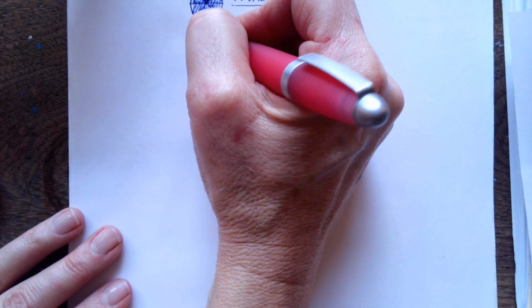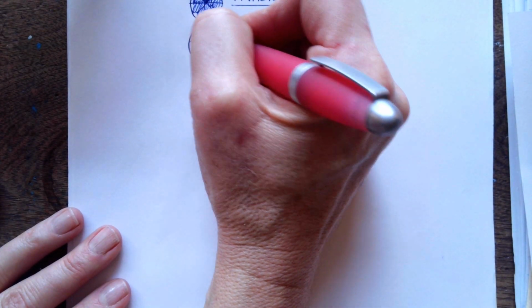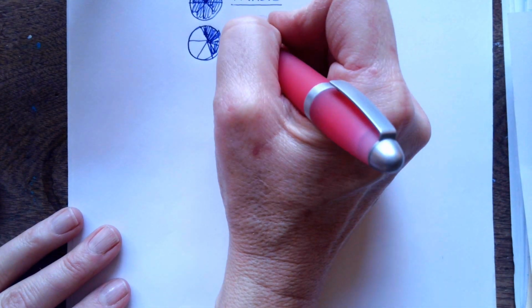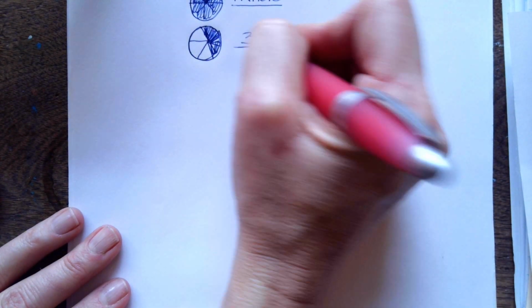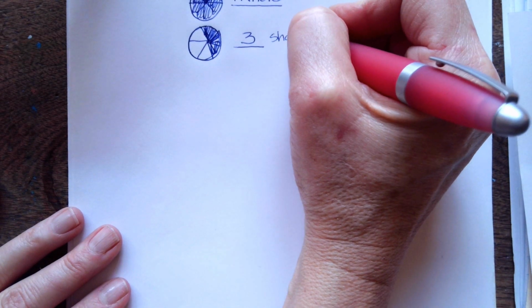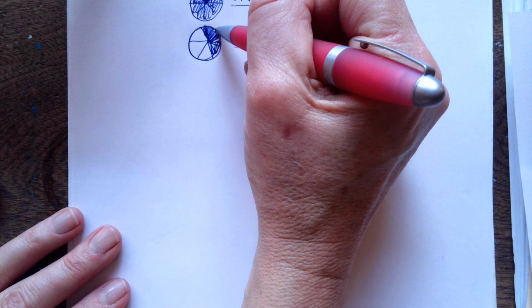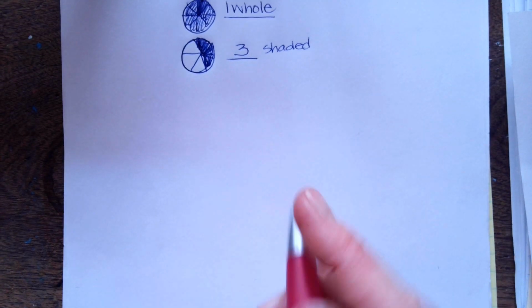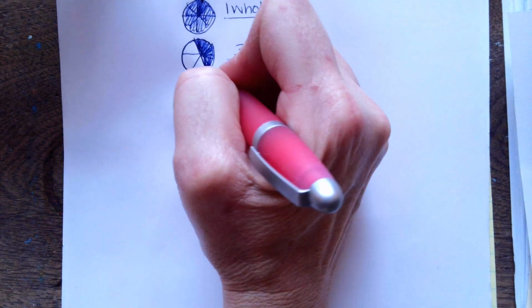And a fraction would mean you didn't eat the whole pie or the whole cake or the whole pizza. You ate 3 pieces. So this top number says the amount that is shaded. So normally in fractions, we shade them. So 3 pieces are shaded, and then we're going to count the total number of pieces.